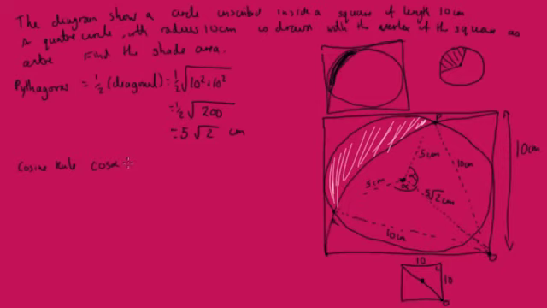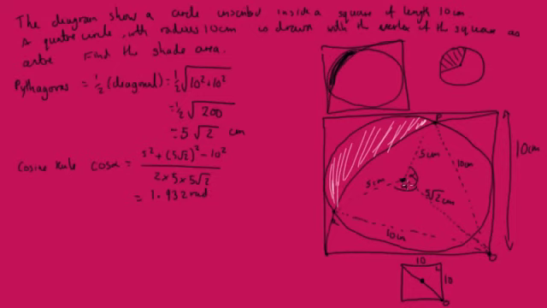Cosine alpha equals 5 squared plus 5 root 2 squared minus 10 squared, all over 2 times 5 times 5 square root 2. Working all that out, alpha comes out as 1.932 radians.